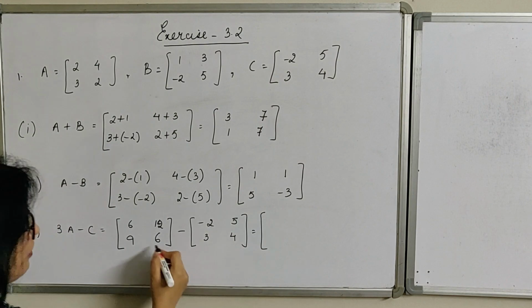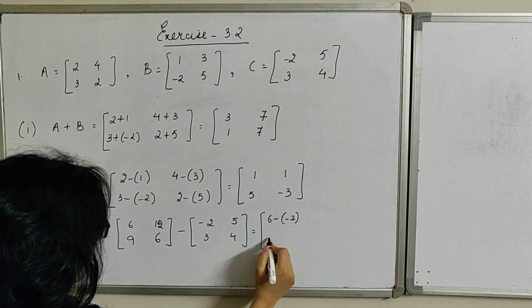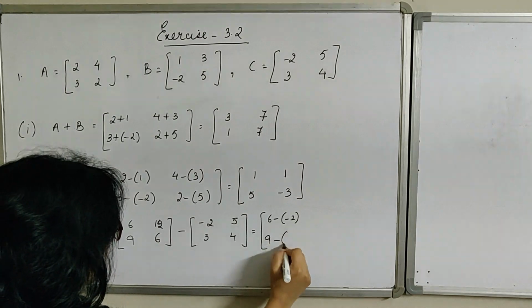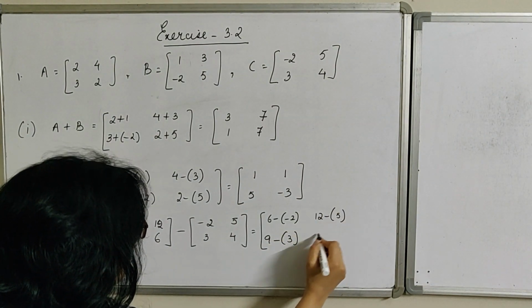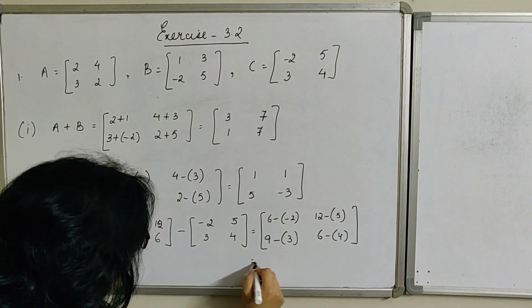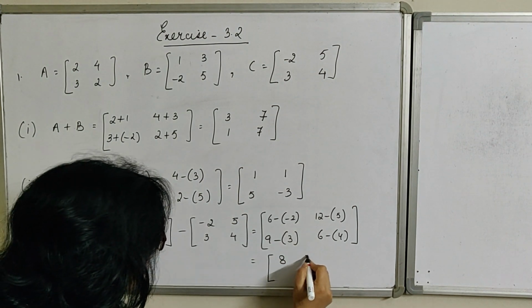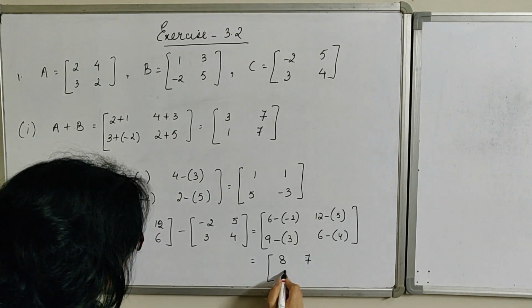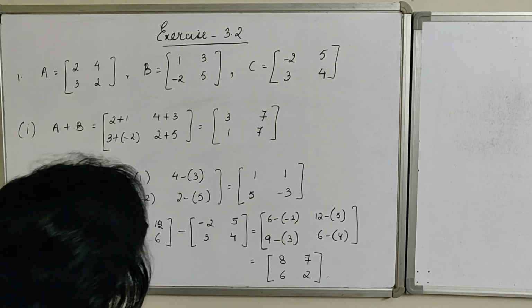So it is again subtraction of corresponding elements. 6 minus -2, 12 minus 3, 9 minus 5, 6 minus 4 gives us a square matrix with elements 8, 7 in the first row, 6 and 2 in the next row.